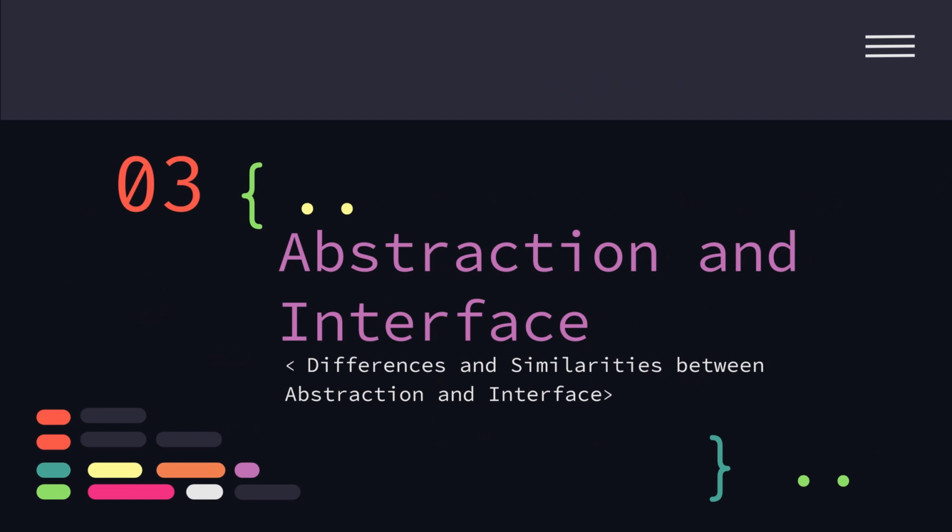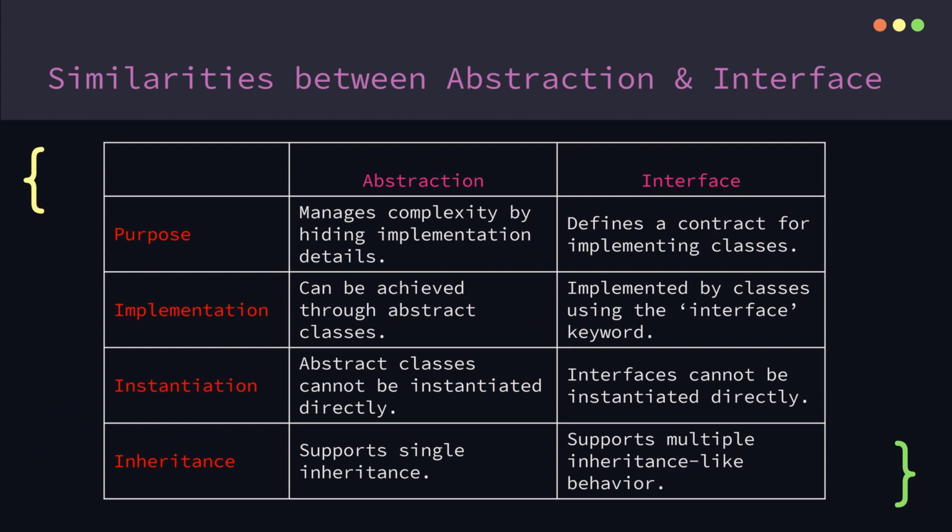Now, for the third part of the presentation, we will have a look at the table visualizing the differences and similarities between abstraction and interface. Let's have a look at the similarities. Coming to abstraction, its purpose is to manage complexity by hiding the implementation details. On the other hand, an interface defines a contract for implementing classes.